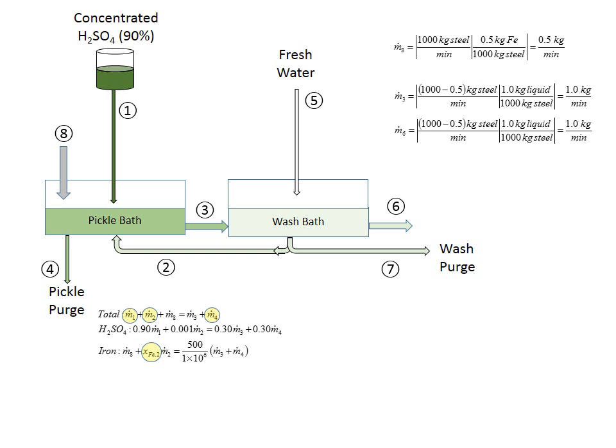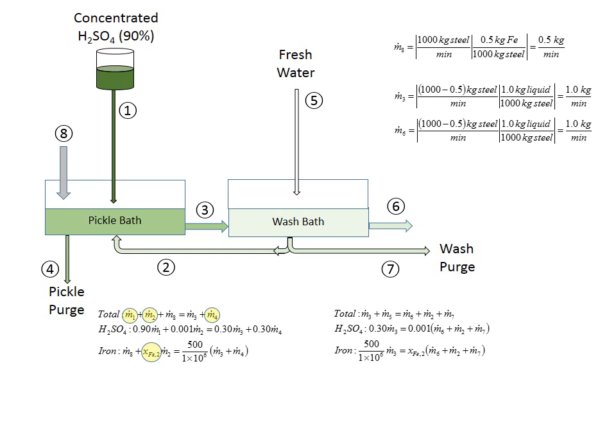Let's now take a look at the wash bath. Again, a total balance. We look at the streams entering, which will be stream 3 and stream 5. So a total balance would be m.3 plus m.5. And leaving our wash bath, we have m.6, m.7, and m.2. We can do a sulfuric acid balance.